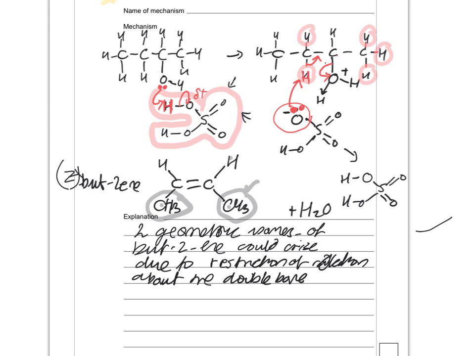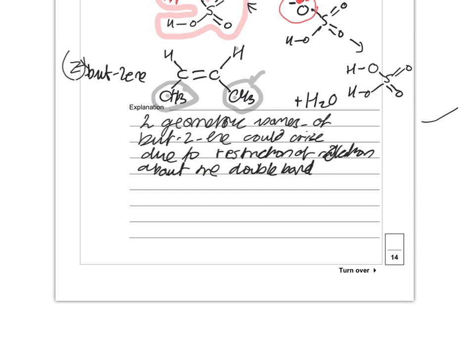So that explains the second isomer. So let's draw the structure of it. So you could have E, entgegen, E-butene.